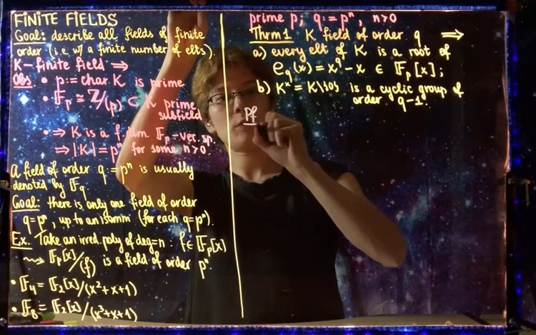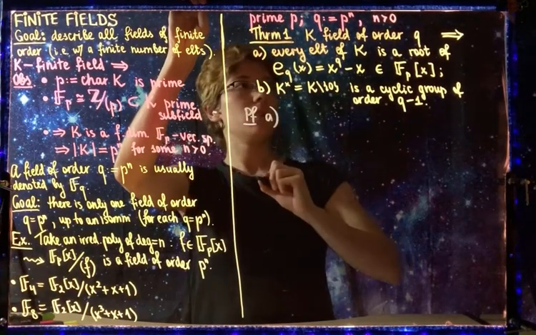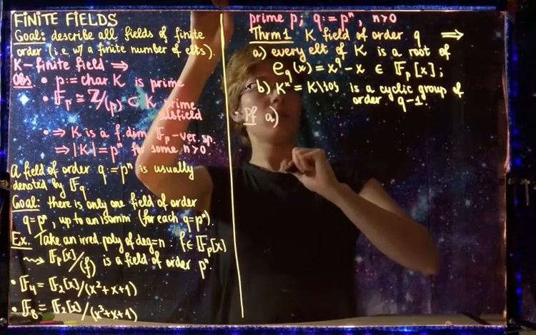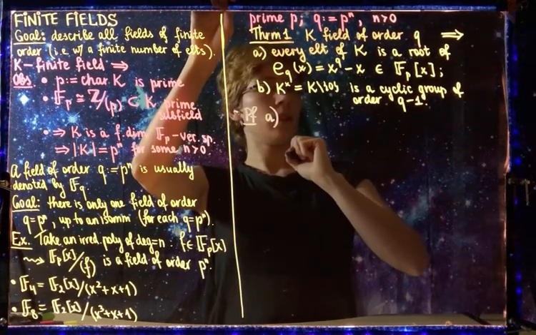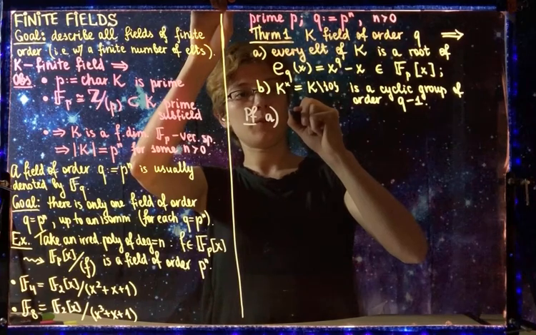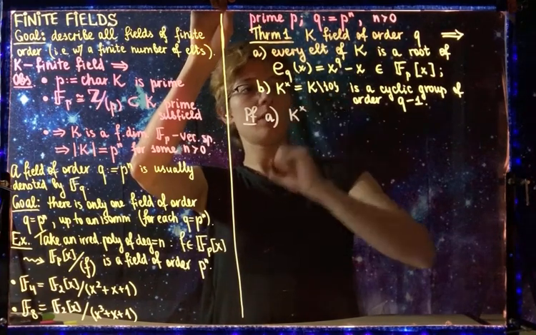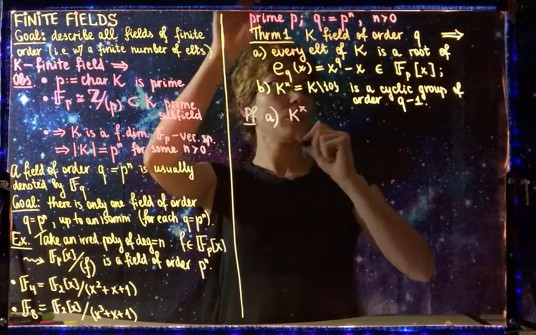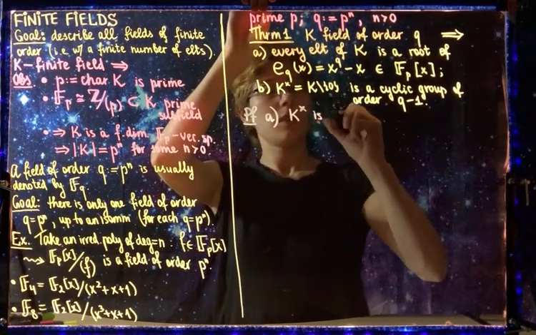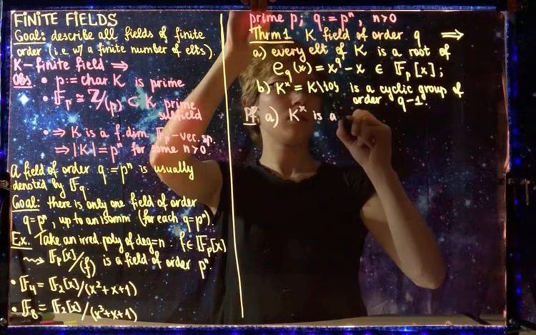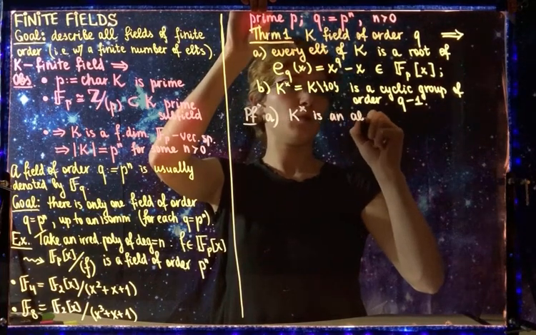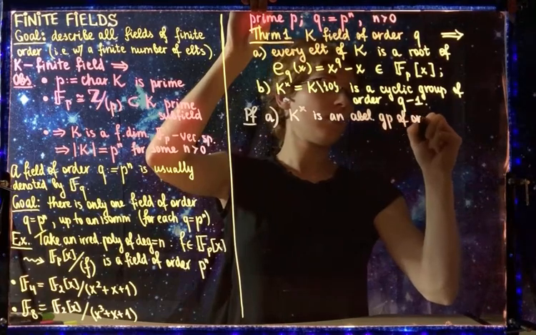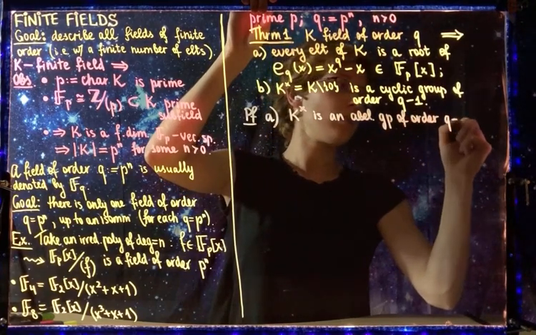So how do I prove this? For part A, I observe that K cross is an Abelian group of order q minus 1.